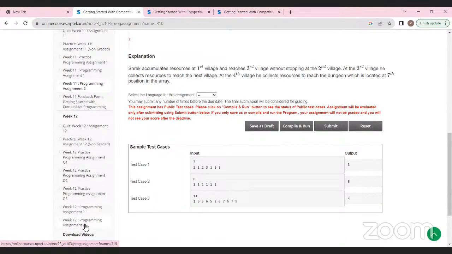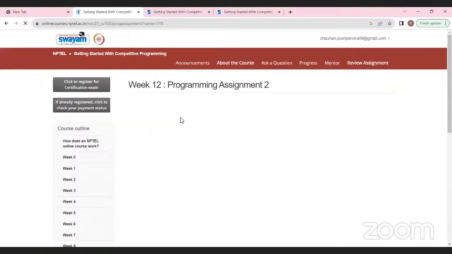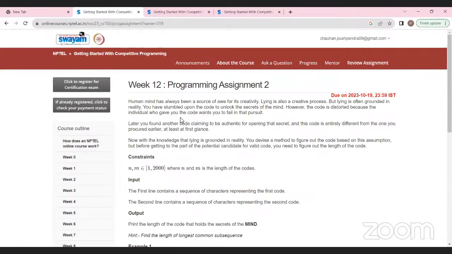Let's move to programming assignment 2 for week 12. The statement goes something like this. The human mind has always been a source of awe for its creativity. Lying is also a creative process, but lying is often grounded in reality.